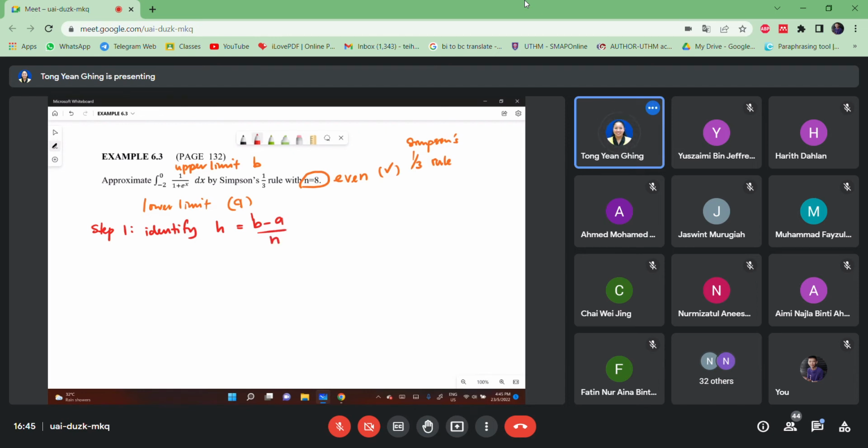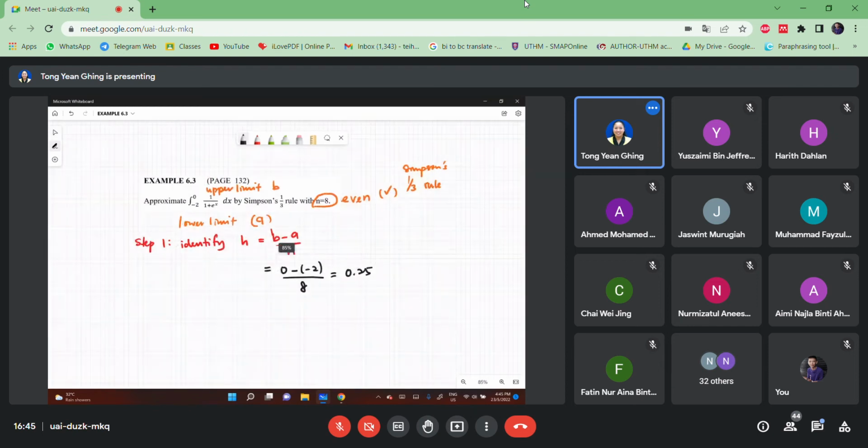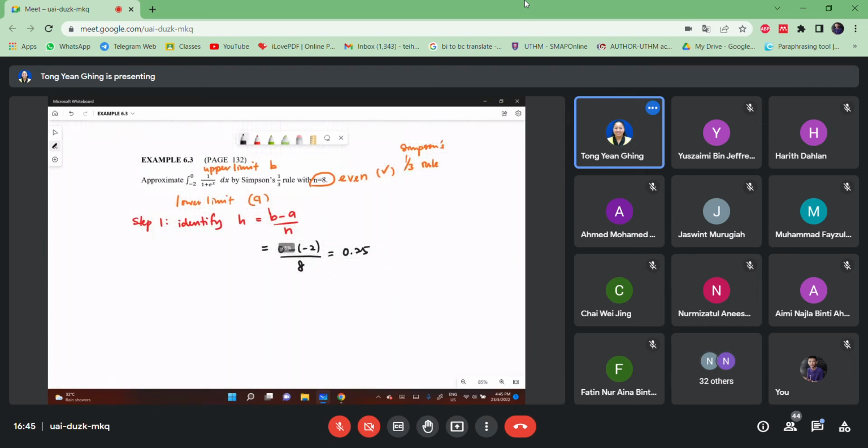Here b is 0 minus negative 2, divided by the number of segments n, which is 8. So here it is 2 over 8, which means 1 over 4, 0.25. So the step size is 0.25.